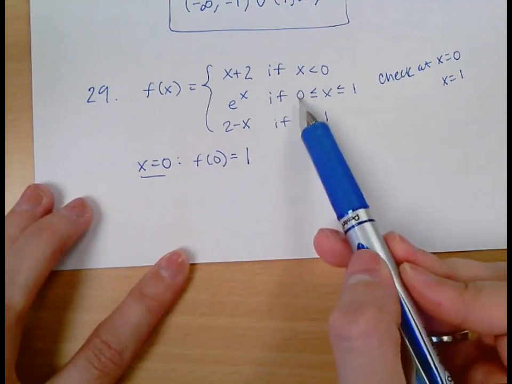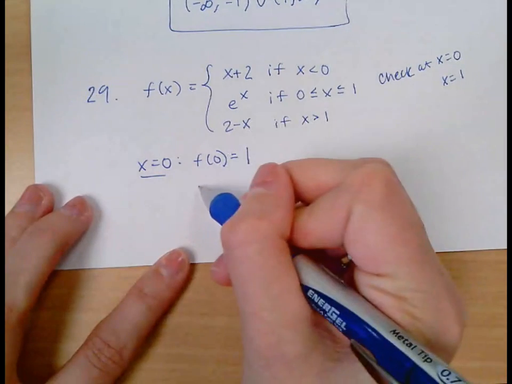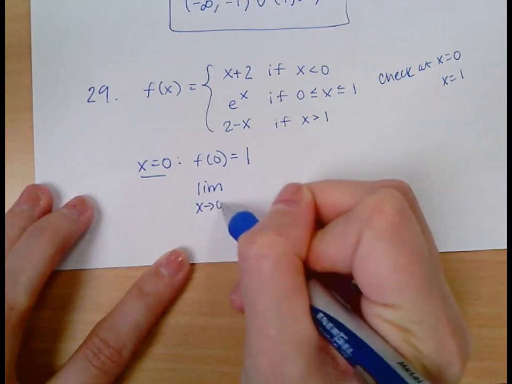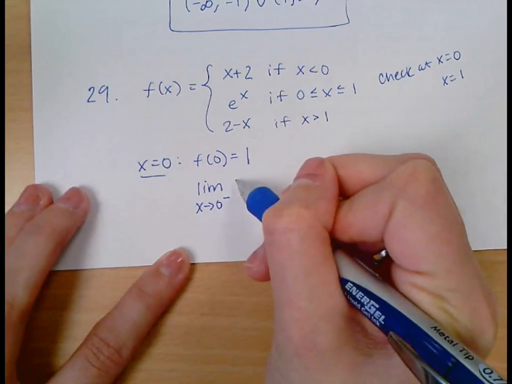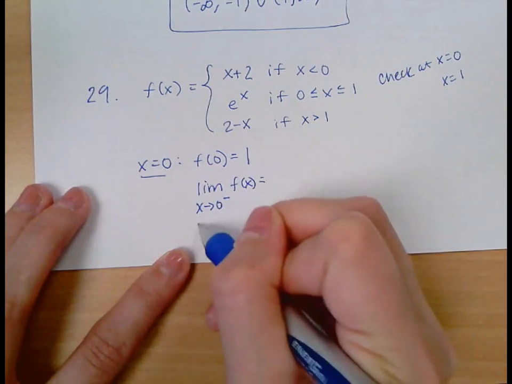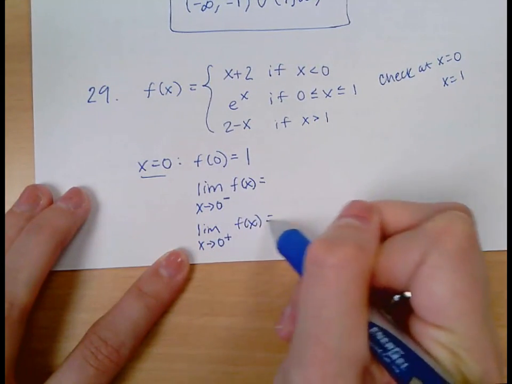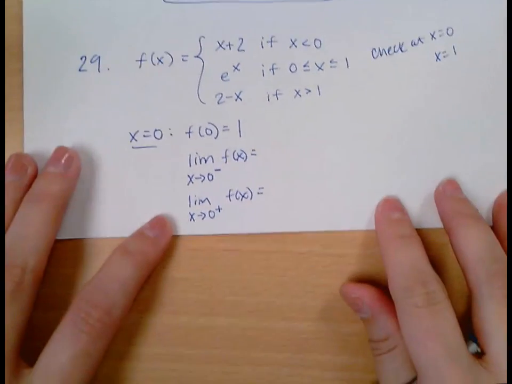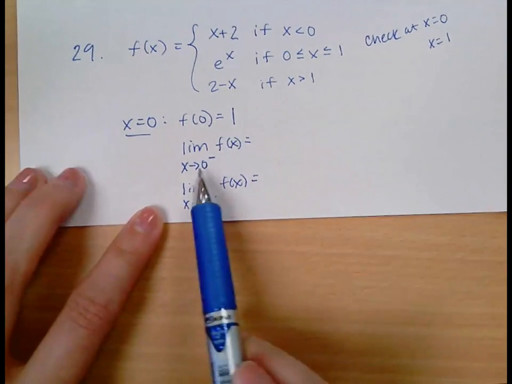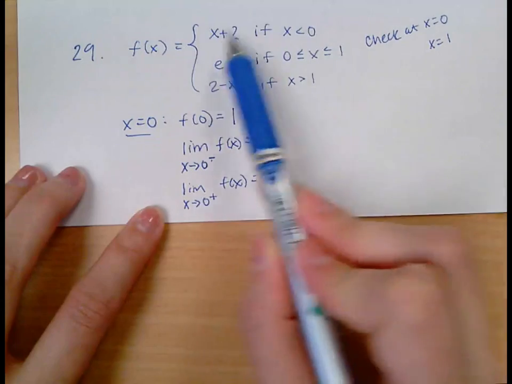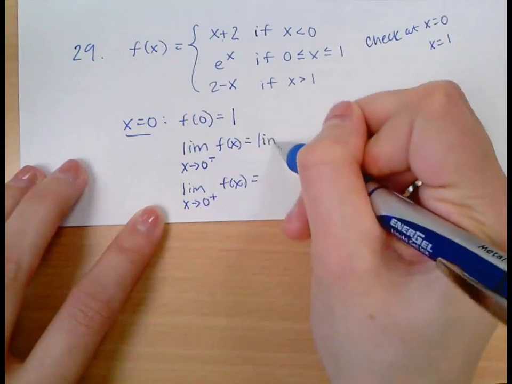And then because I have that break at 0, to find if the limit exists, I need to find, does the limit as x approaches 0 from the left and then from the right, are they equal to each other? So does the limit exist? So from the left, so values less than 0 would be using x plus 2.